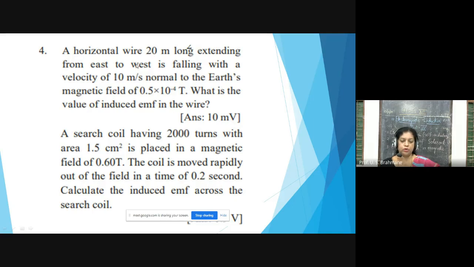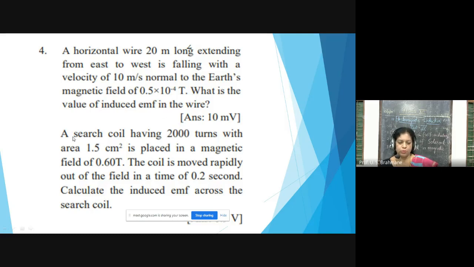So 20 into 10 is 200, into 0.5, and into 10 raised to minus 4. You just do the shuffling and you'll understand. It will come out like this. Next problem.